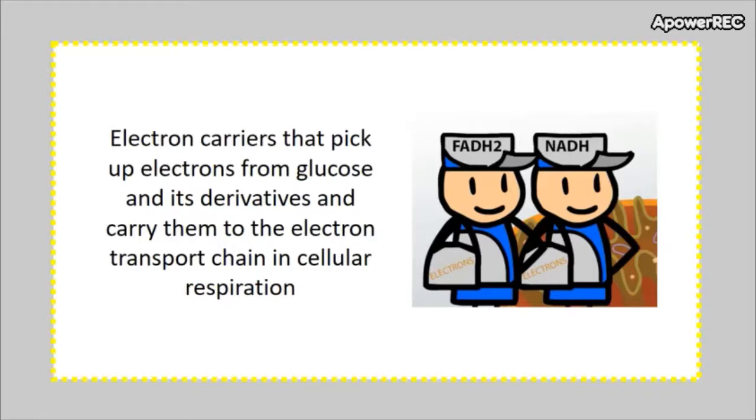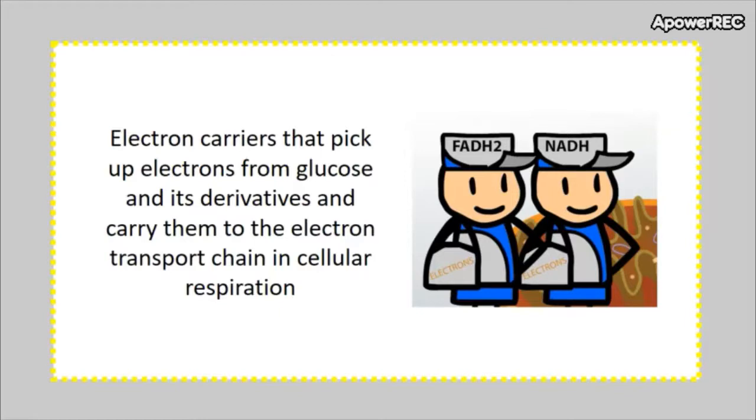These are examples of an electron carrier. Electron carriers are those that pick up electrons, what we've discussed in our example as glucose in glycolysis, and also in the TCA cycle.